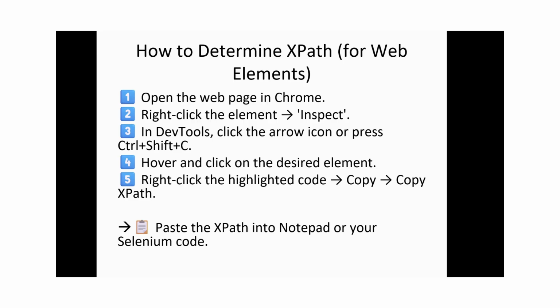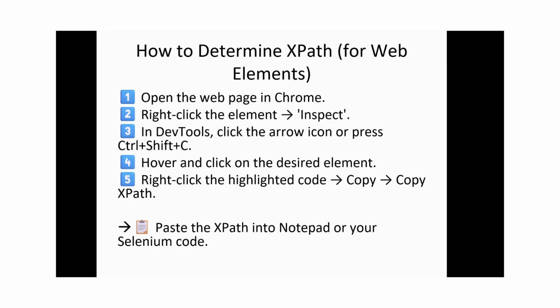Now when the DevTools is open, you can click on an arrow icon which is on the top left hand side corner, or you can use the hotkey that is Control Shift C to enable the hover over option. When you mouse over a web element, it will start highlighting the corresponding HTML code that is behind the scene, and it'll give you the HTML snippet that is representing that particular UI object.